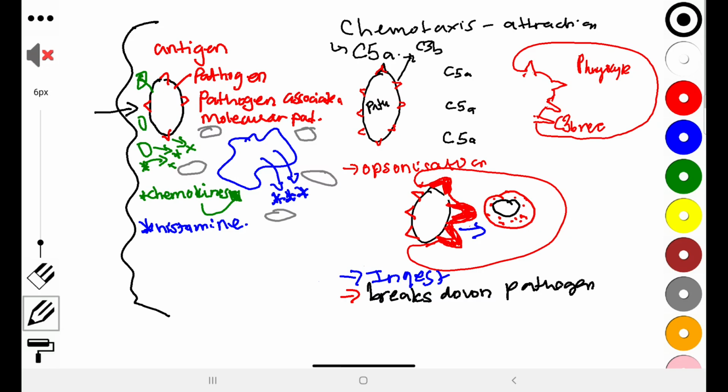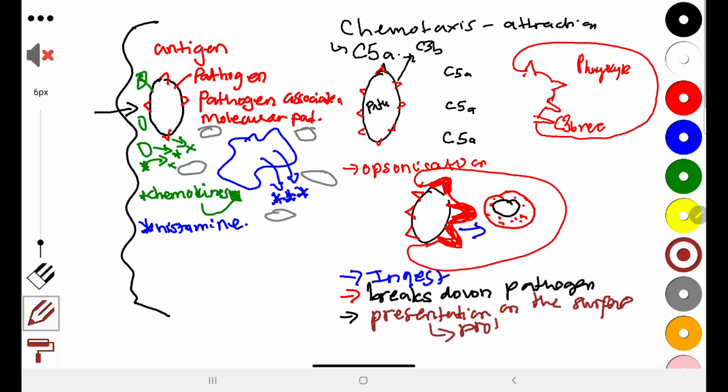You find that some of the protein content of this pathogen is presented on the surface of the phagocyte. What is presented?